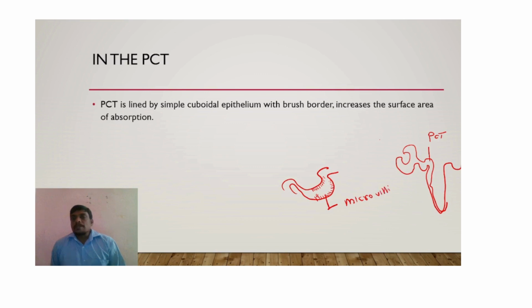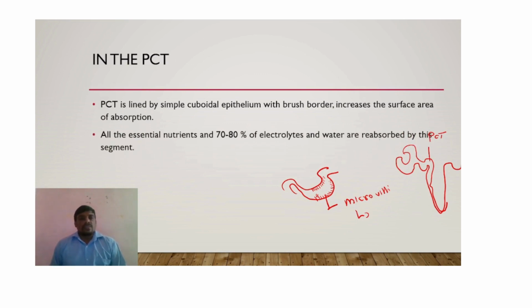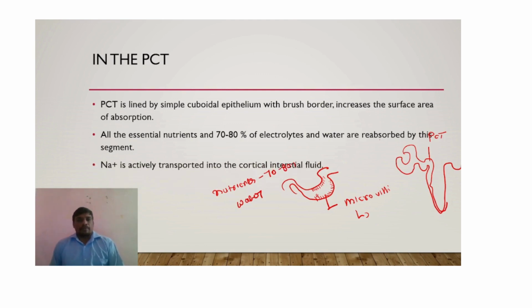The microvilli specifically increase the surface area of absorption. All the essential nutrients, about 70 to 80% of the electrolytes and water, are reabsorbed by this segment. That is a very important point.